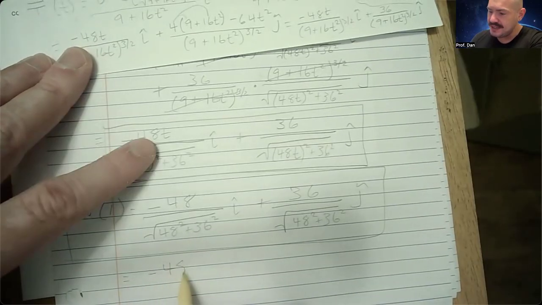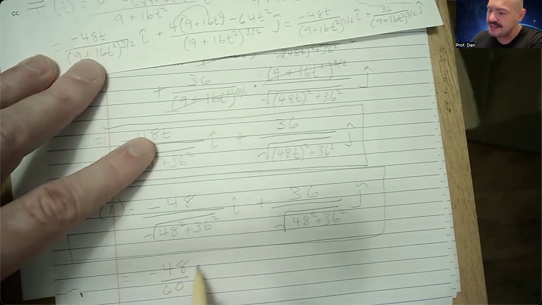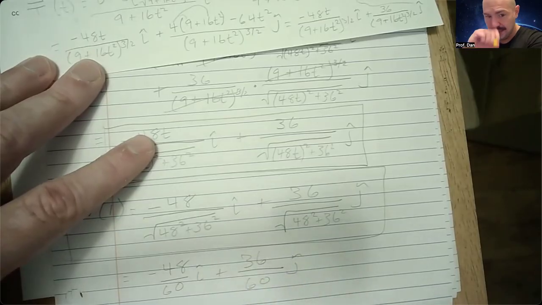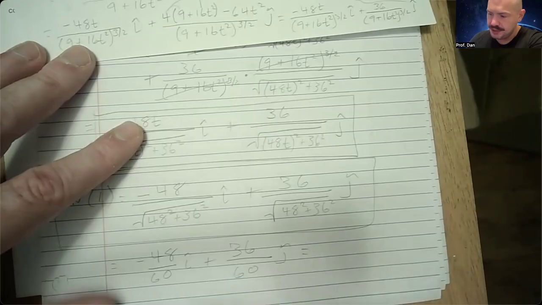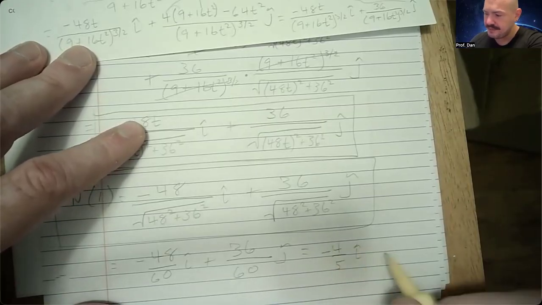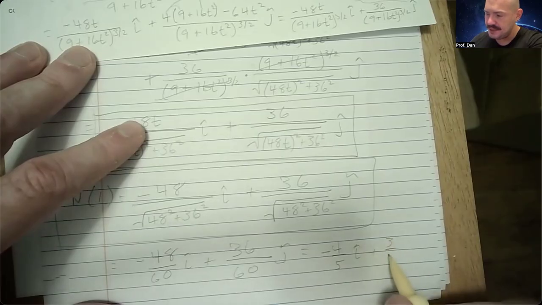So we could write that as negative 48 over 60 i plus 36 over 60 j, which really just simplifies to negative 4/5 i plus 3/5 j.